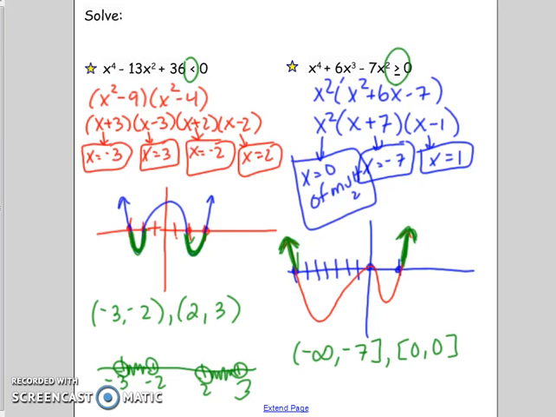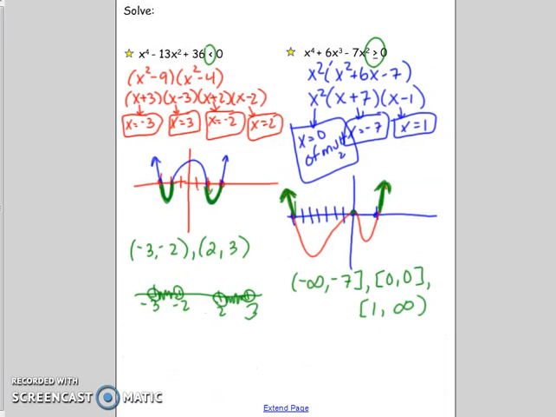So that just means at the point 0, where x is 0, that's part of where it's greater than or equal to 0. And then, so I'm just going to make like a little dot there. And then from 1, which we're going to put in a bracket, to infinity with a parenthesis.